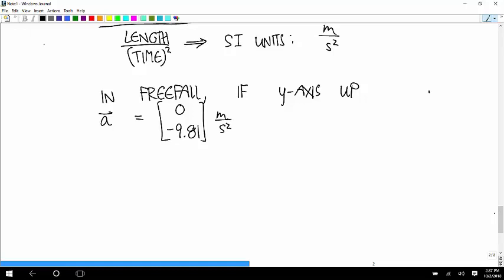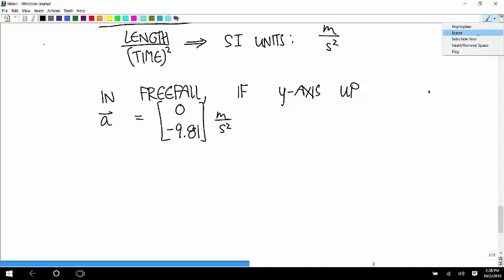Okay, so now that we've defined all these vector quantities that are important for kinematics, I'm going to give you the constant acceleration equations for vectors for two-dimensional kinematics, and they're going to look a lot like the ones for 1D kinematics. And then I'm going to give you a set of steps for using those.